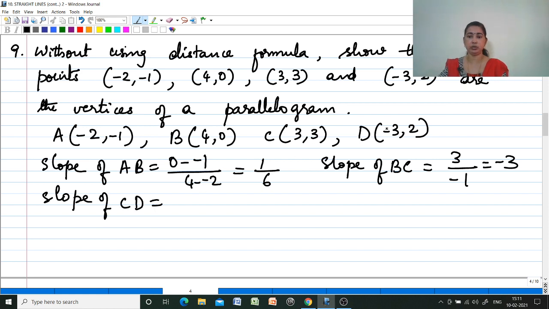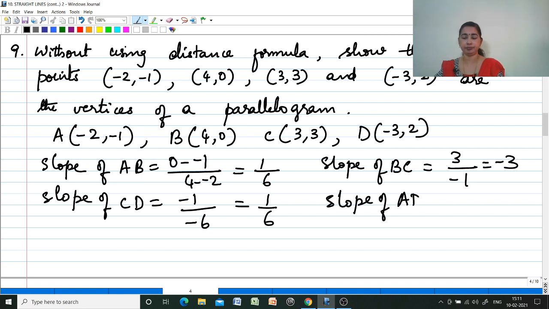Slope of CD is (2 minus 3), that is minus 1, divided by minus 6, that is equal to 1 by 6. Now, slope of AD is equal to (2 minus minus 1), that is 3, divided by (minus 3 plus 2), that is minus 1, so it is equal to minus 3.